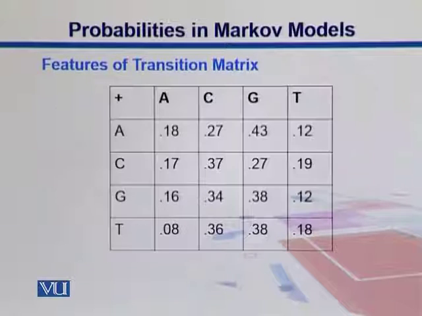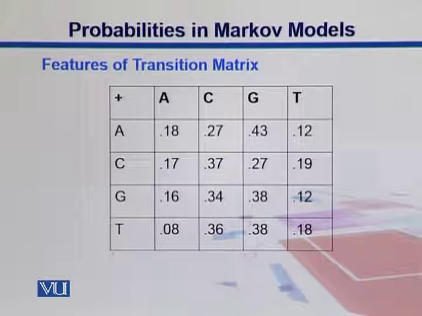So let's look into this example. Here we are observing the following of nucleotides one after another. We'll talk about CpG islands in a moment, where we will look into this matrix one more time.